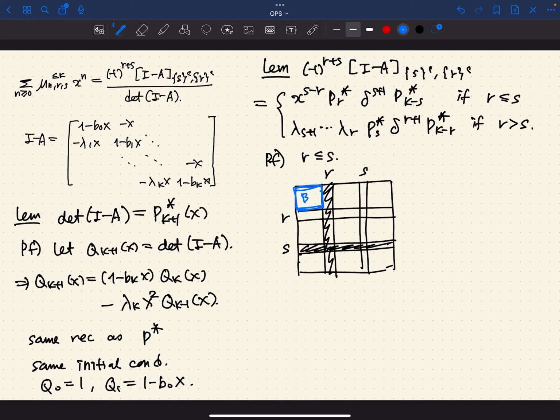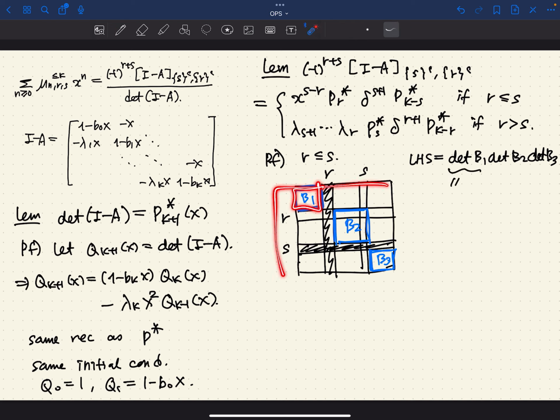Let's say this is B1, and also this B2, and this B3. What I'm saying is, the left-hand side that we want to compute is the product of the determinants of three matrices, B1, B2, B3. What is the determinant of B1?